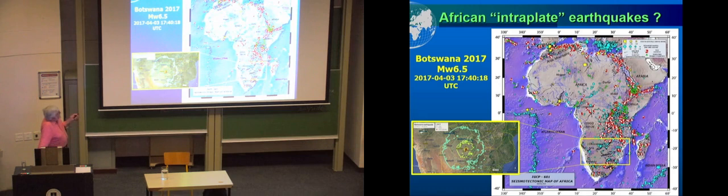It so happened that early last year, on the 3rd of April, there was a magnitude 6.5 earthquake in an absolutely flat part of the Kalahari, this region of southeastern Botswana. This is the USGS isoseismal map. It was strongly felt in Johannesburg.